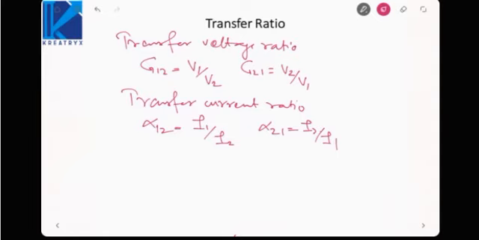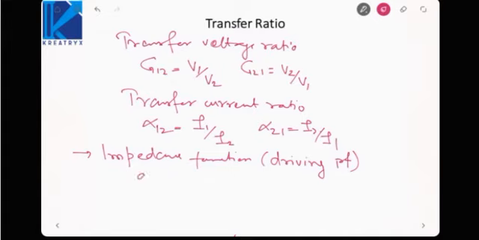Now there are certain properties of the impedance function and the transfer function which you must always remember. For impedance function, that too driving point, that is V1 upon I1 or V2 by I2, it is a minimum phase function.